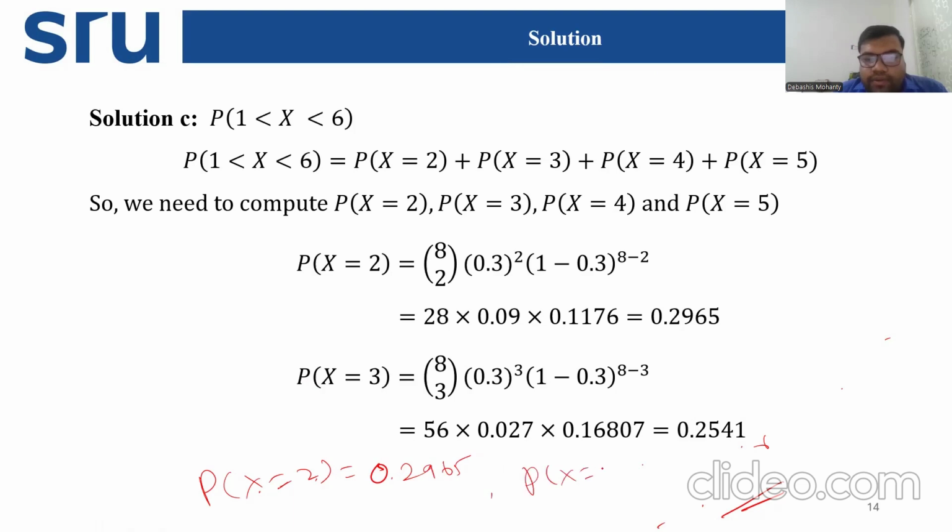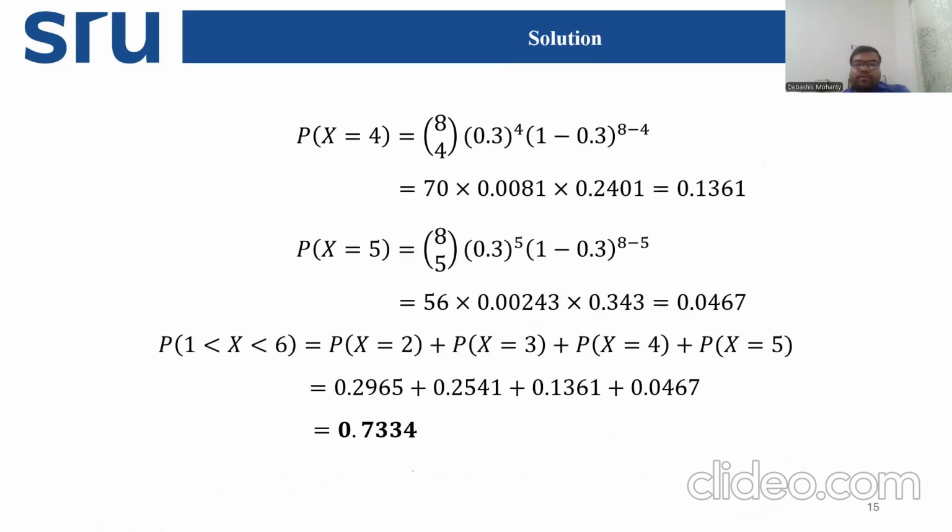Probability of x equals 3 is 0.2541. Next, we also have to calculate the probability of x equals 4, that is 0.1361. That value we are finding using this binomial distribution.